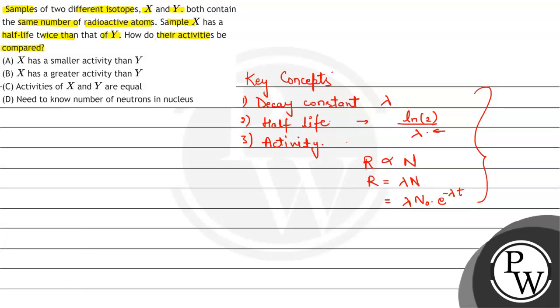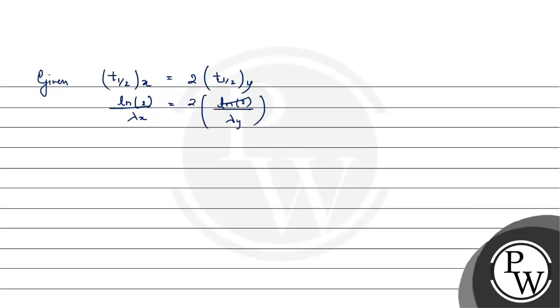So what is given to us? Let us start with it. Given is half-life t half of X is equal to twice of t half of Y. Okay, so t half of X will be equal to ln2 upon lambda X, decay constant of X. It will be equal to 2 times ln2 over lambda Y, decay constant of Y. ln2 gets cancelled.